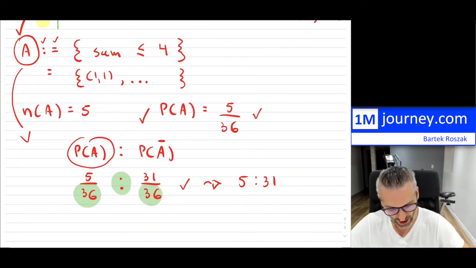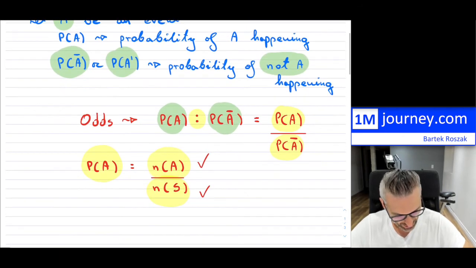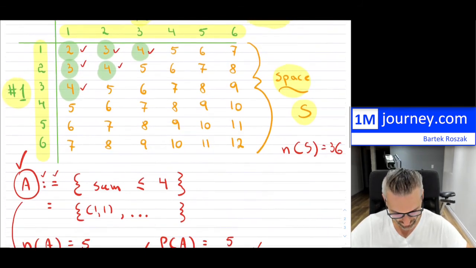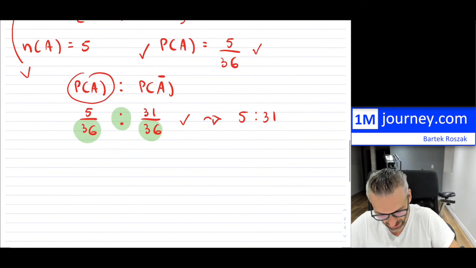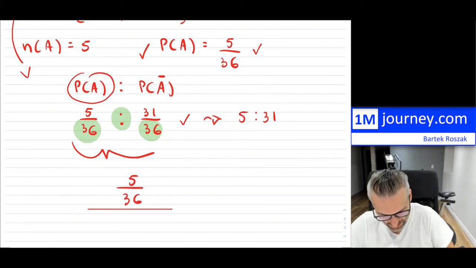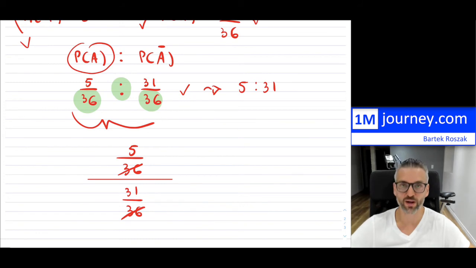The other way of writing these odds, which you also will see in some textbooks, is like this, where you're simply writing it as a fraction, which is convenient, because if you ever need to reduce, you can do so. So if I transfer this into a fraction, which would have been 5 over 36, that's my probability of A, divided by 31 over 36, now you very quickly see why this 36 is going to fall apart.